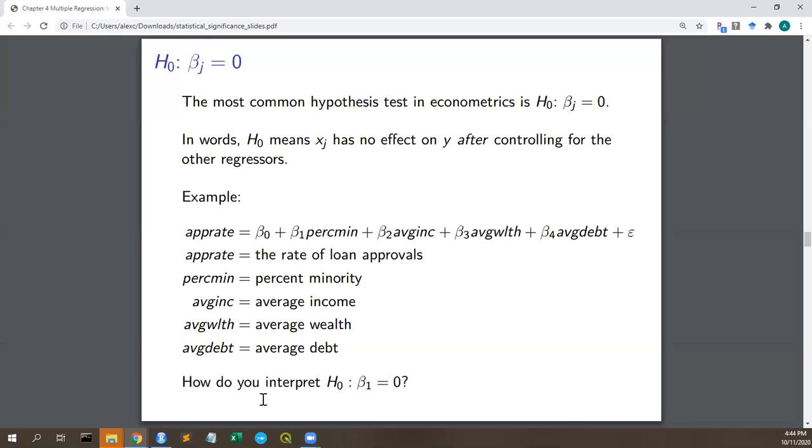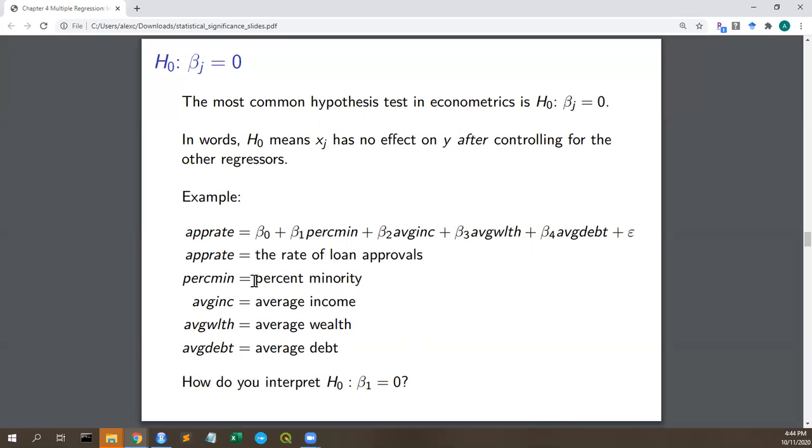So for example, if we have this regression where we have the rate of loan approvals, percent minority, average income, average wealth, average debt, how would you interpret beta 1 equals 0, meaning this one right here? So as the percent minority increases, this must be maybe for like a county or for some bank, right?